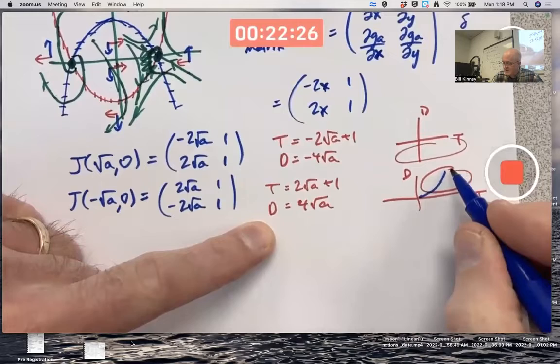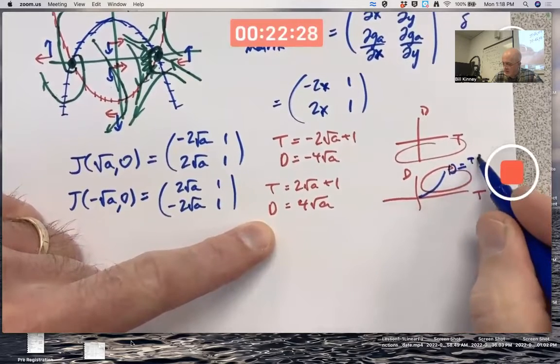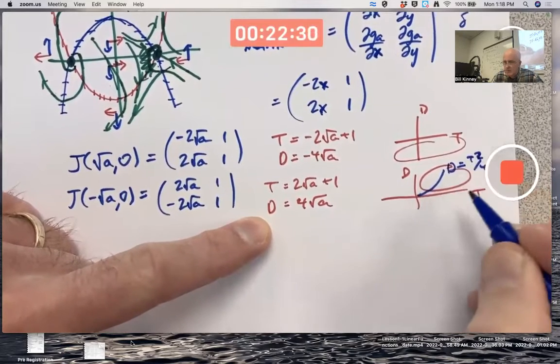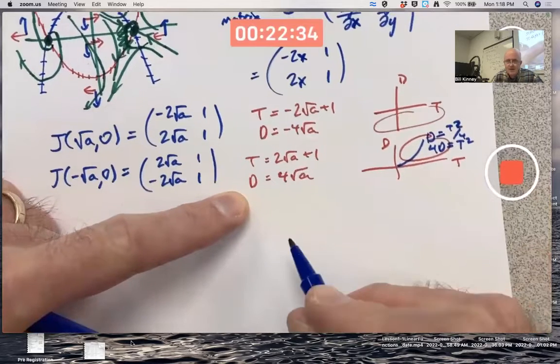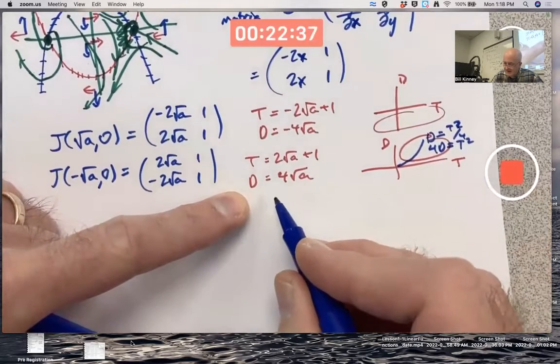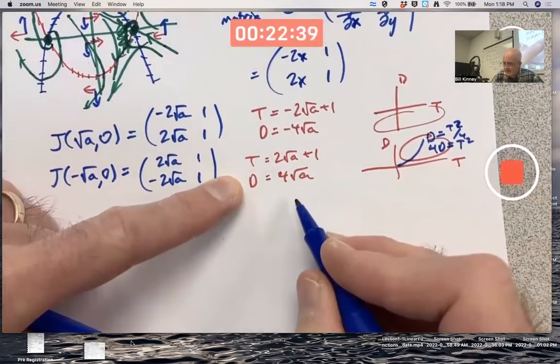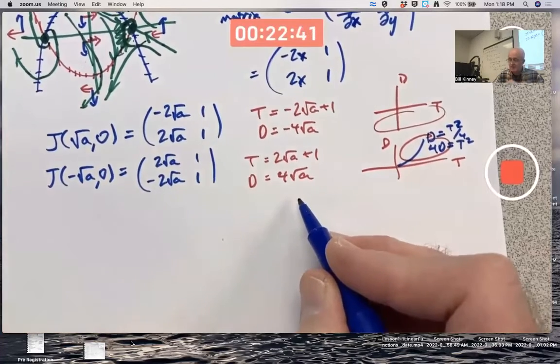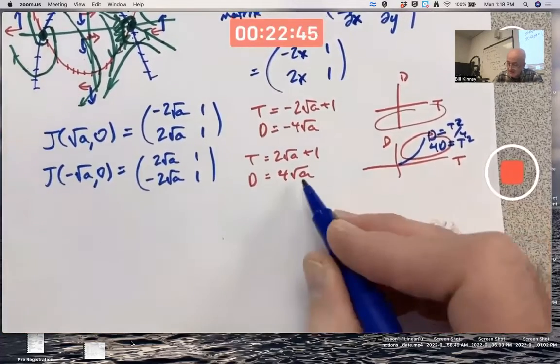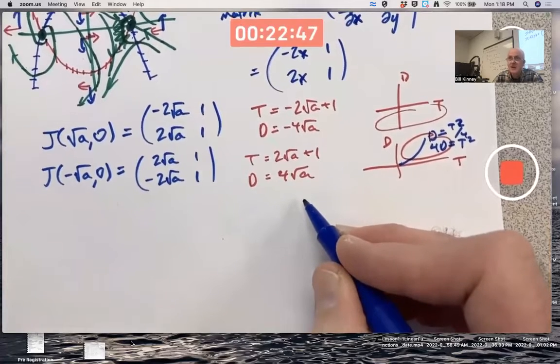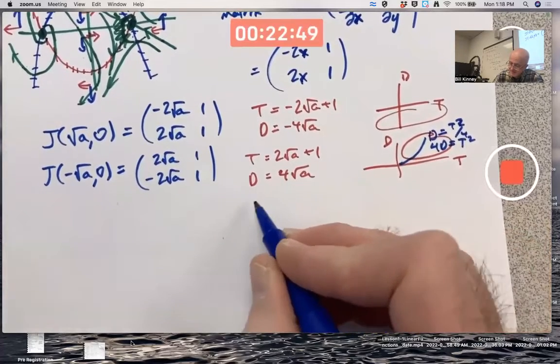Again, that had equation d equals t squared over 4, which is equivalent to 4d equals t squared. If I calculate t squared and I also calculate 4d, am I going to be above or below the parabola? Is it going to be clear that one of these is bigger than the other? It's not clear to me.